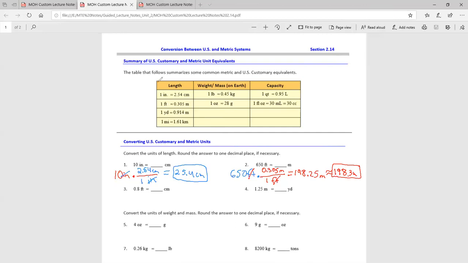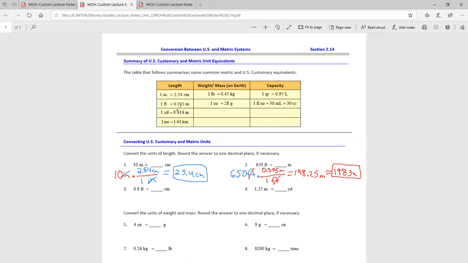All right, problem 3 is definitely one of the more interesting ones. So we got 0.8 feet and we're converting this to centimeters. We got inches to centimeters, that's no good. We got feet to meters, that's not going to do the job. It's got feet, which we're starting with, but it's going to meters. That's not exactly what we want. Maybe we're going to use it, maybe not.